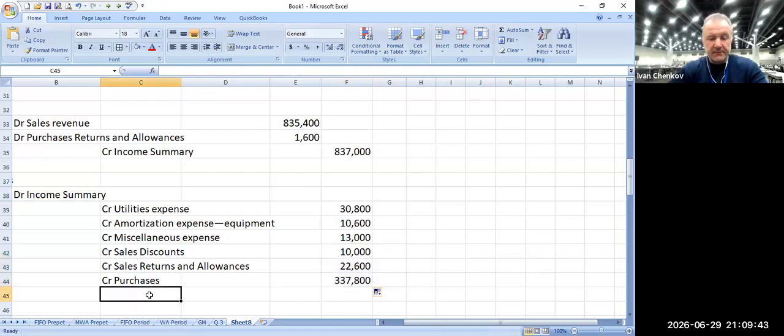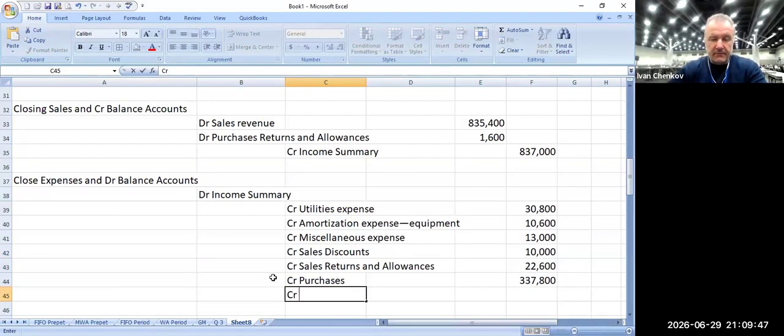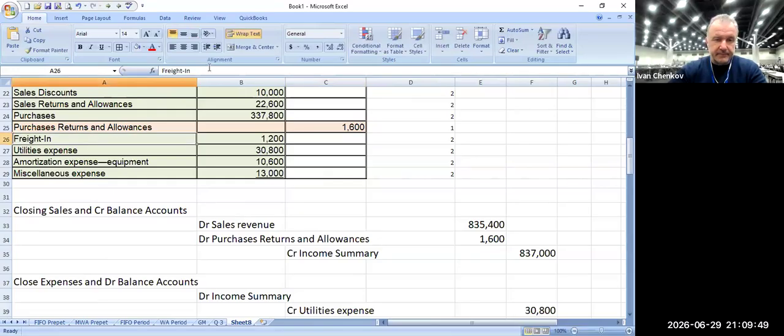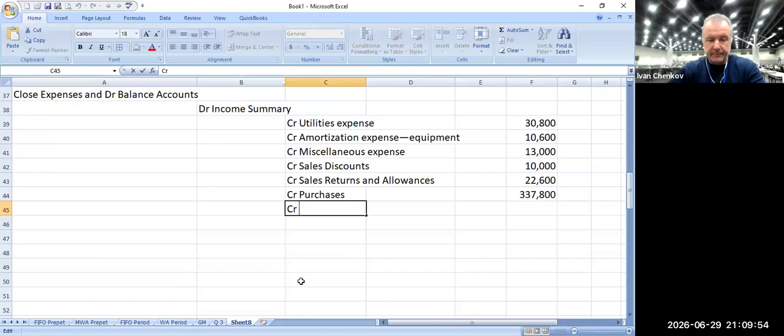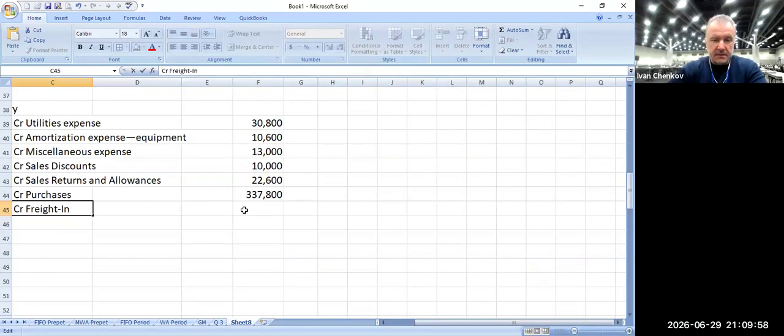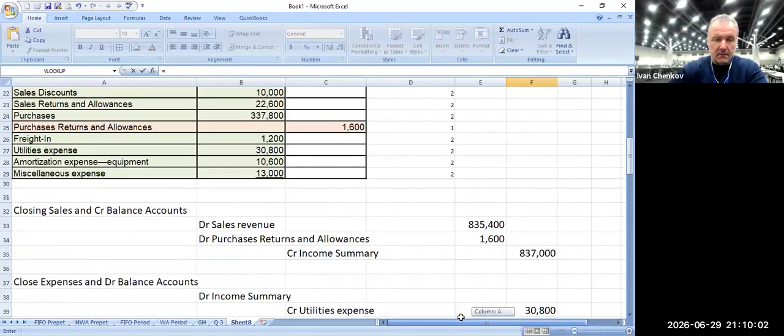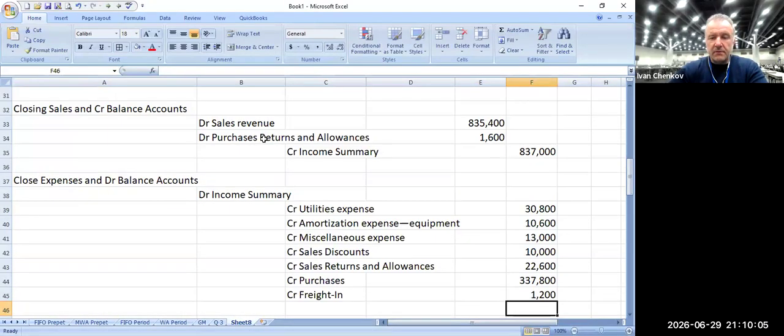And the last one that's left is credit freight in. And the freight account has the debit balance of $1,200.